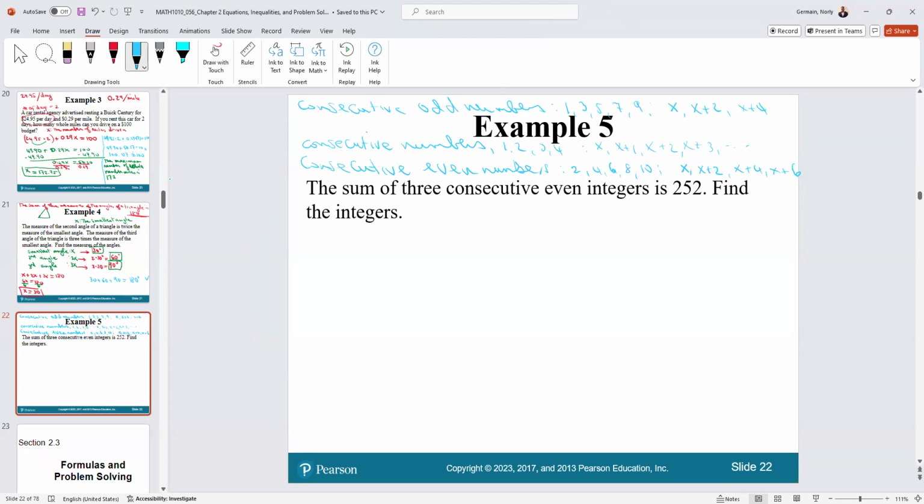Now, you just said the sum of 3 consecutive even integers. If I call the first x, the second even integer, right?